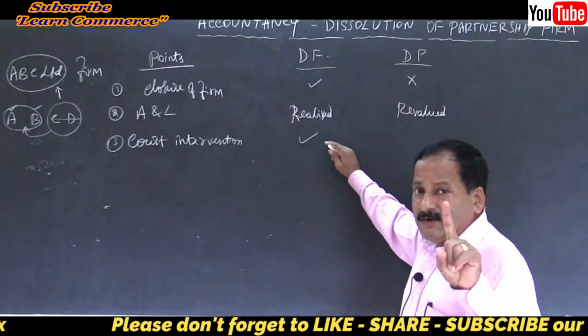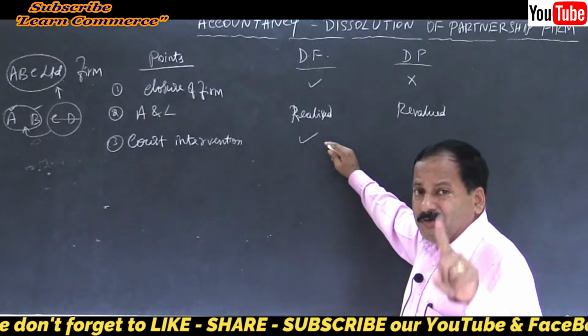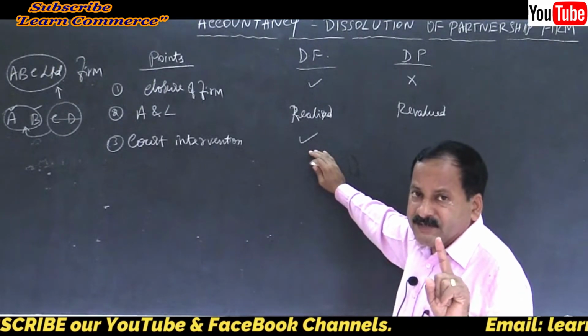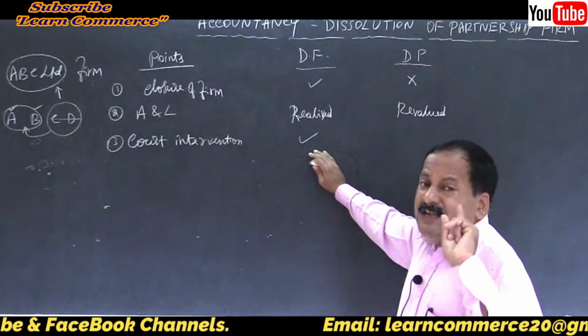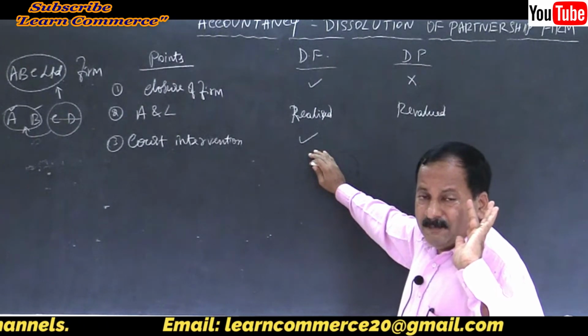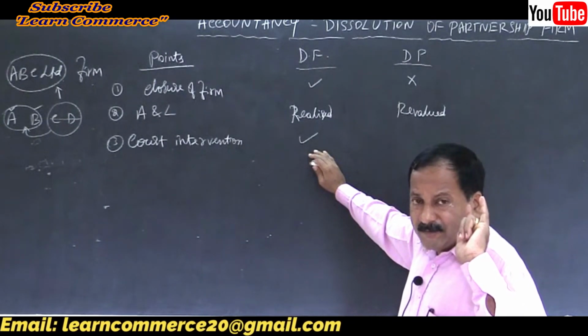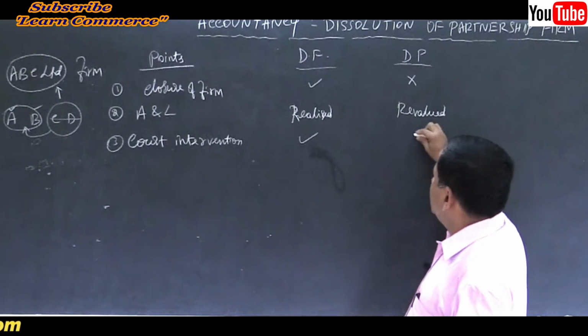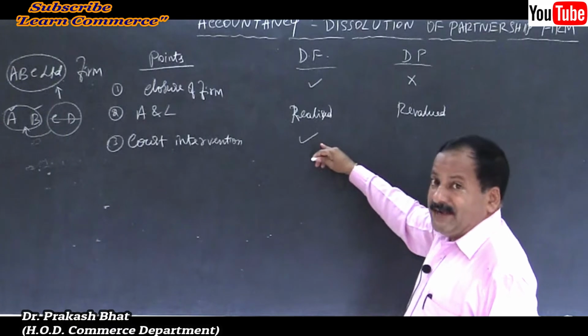If they are not willing to close it, then definitely the court will order them to close immediately, because they are engaged in illegal business. As per the Partnership Act, they have to do lawful business. So here the court may interfere.